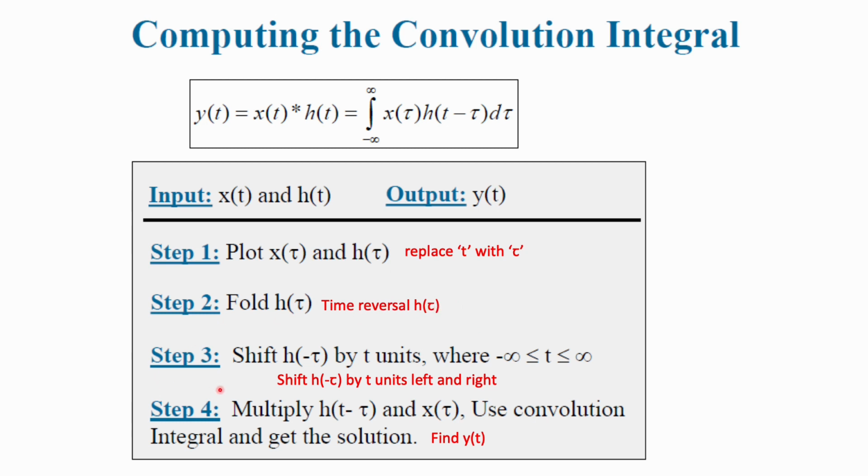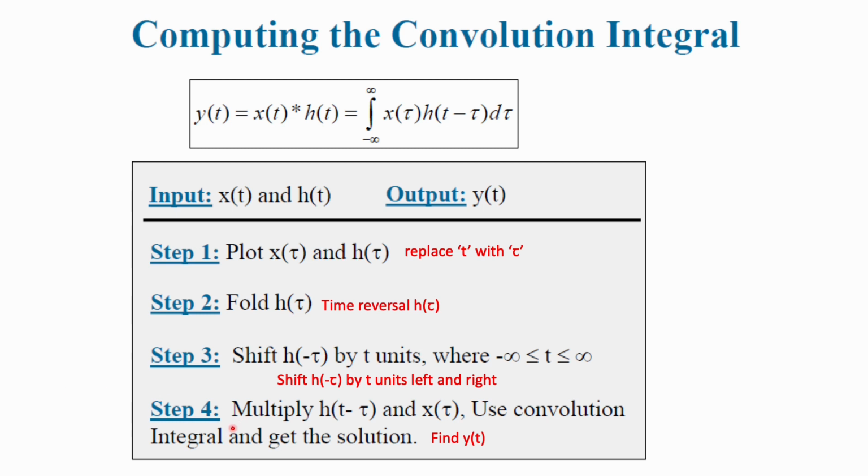The third step, shift the time reversal signal by t units, where the small t is from minus infinity to plus infinity. So the shift of h of minus tau by t units is nothing but either you can do left shift or right shift. Left shift is nothing but t is negative values. Right shift is nothing but t is positive value.